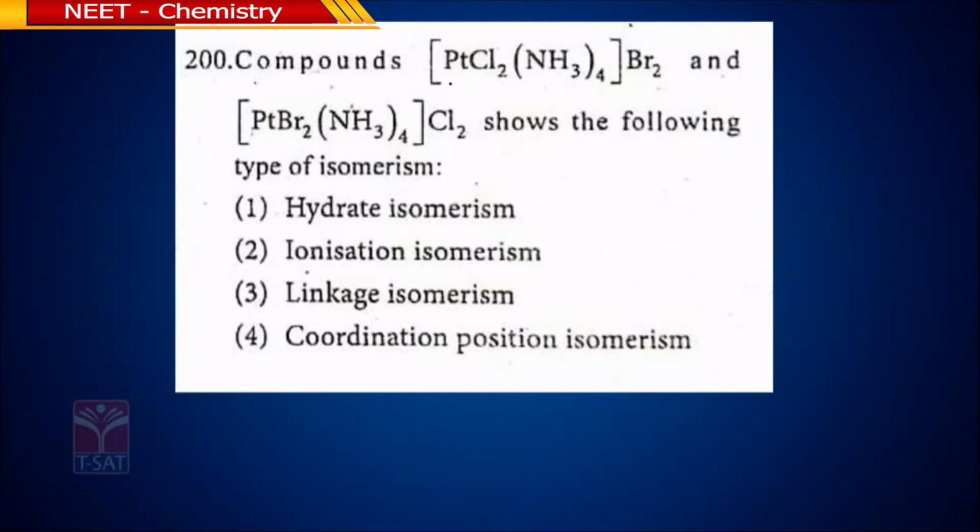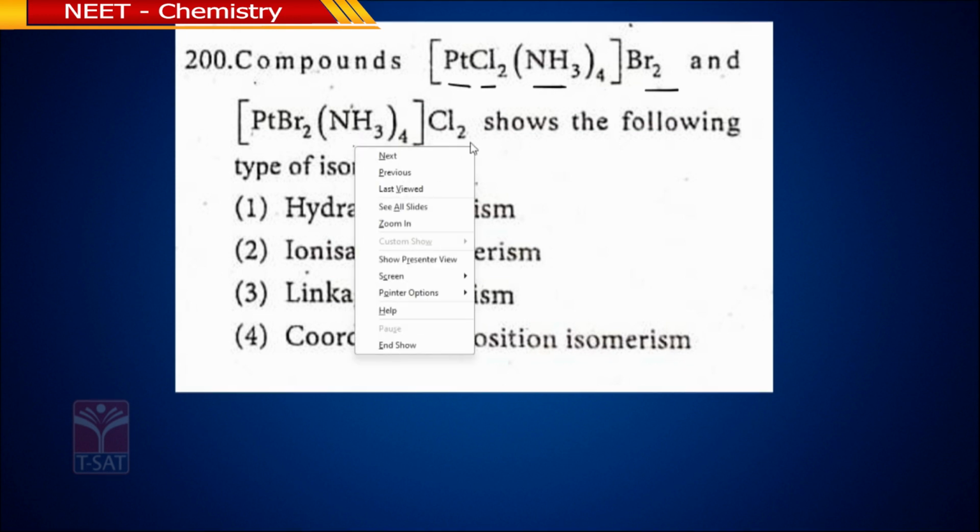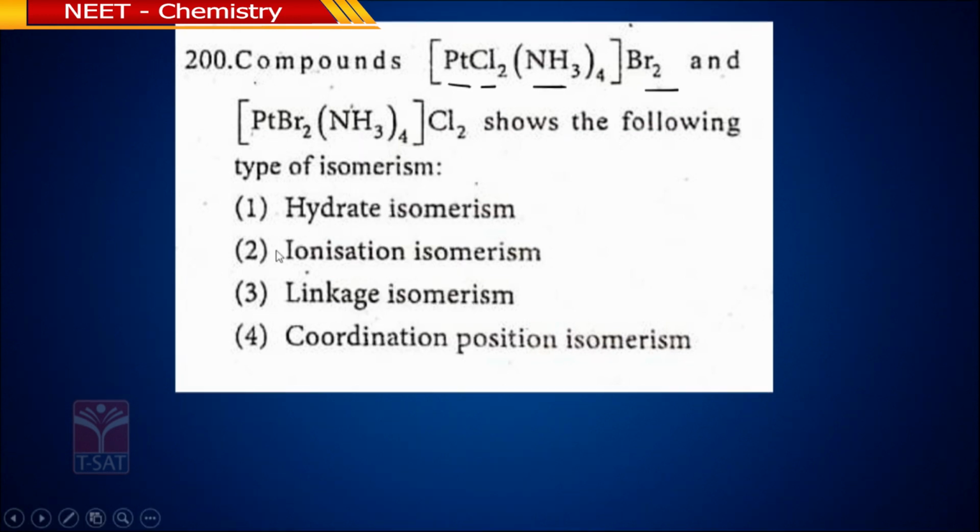The compounds [Pt(NH3)4Cl2]Br2 and [Pt(NH3)4Br2]Cl2 show which isomerism? These are ionization isomers. Why are they called ionization isomers?